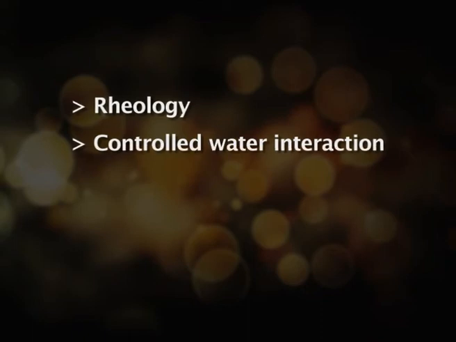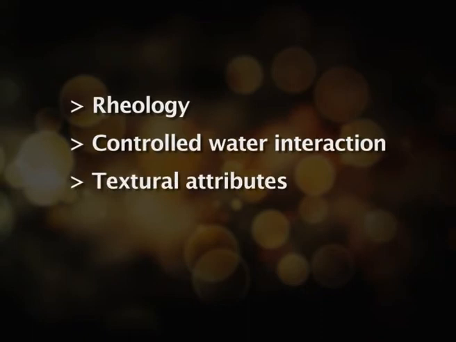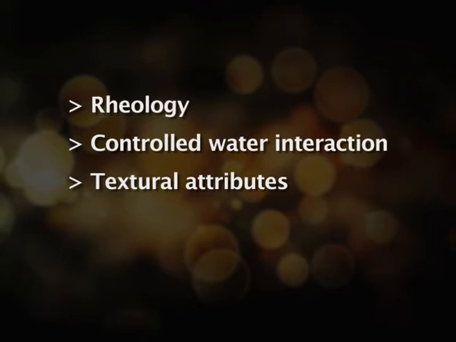The use of these cellulosics is generally due to their rheology, controlled water interaction and textural attributes, and not to solubility or other chemical properties. Hence, MCC and finely ground cellulose perform a valuable bulking role in low calorie foods.